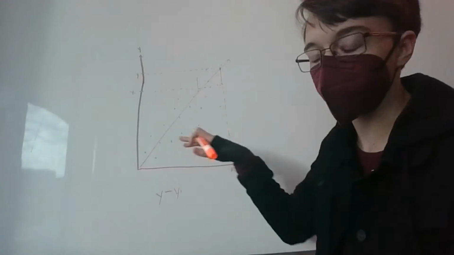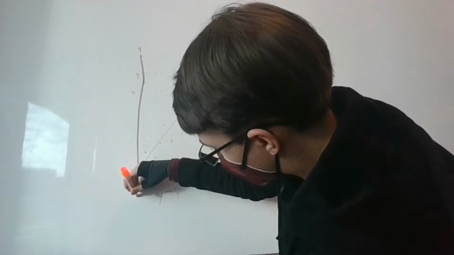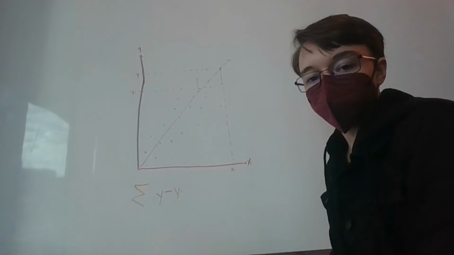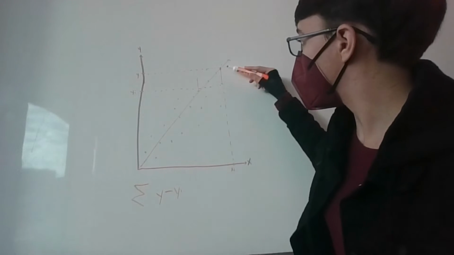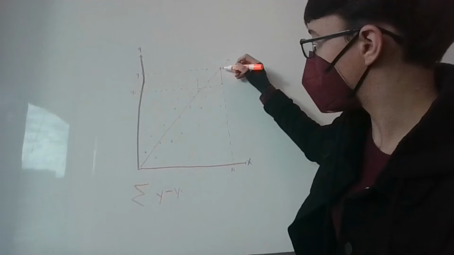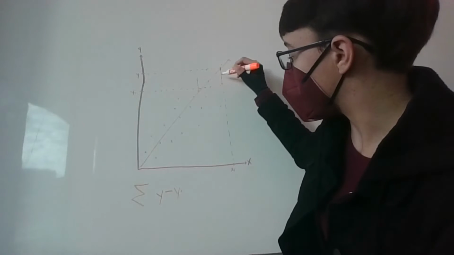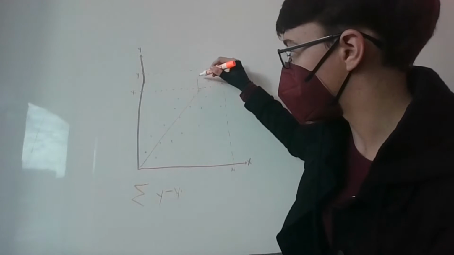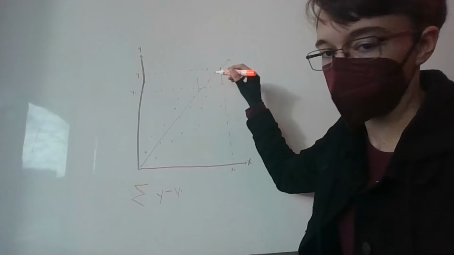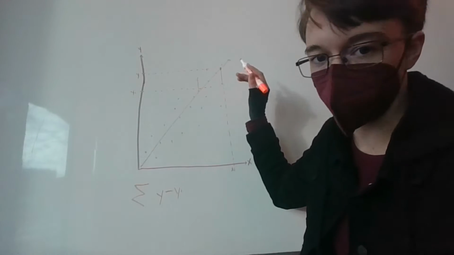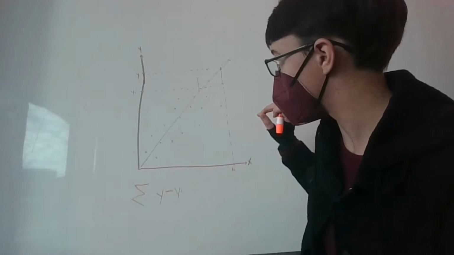We're going to want the error for all of these points, not just the one, so we're going to want some sort of summation. However, if we leave it just like this, where we're only summing up these differences, then values that are below the line and values that are above the line will cancel out, which isn't what we want because both are error, both are bad, and we want to minimize that error as much as possible.